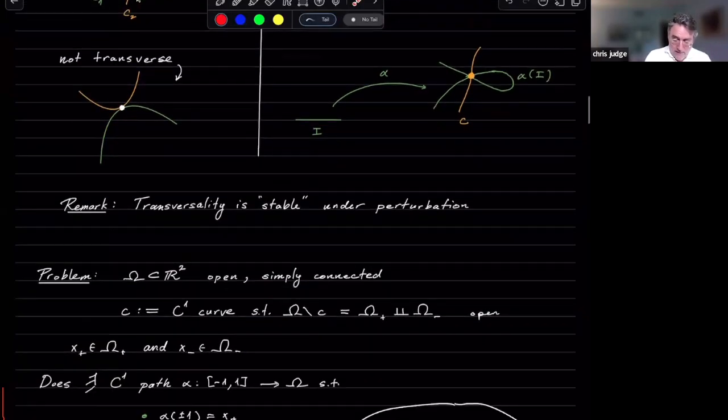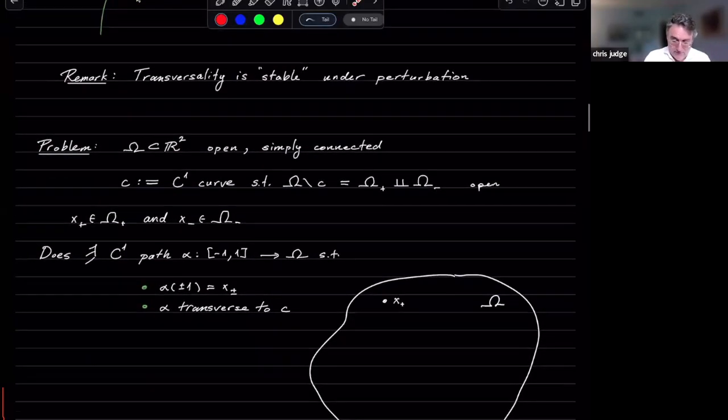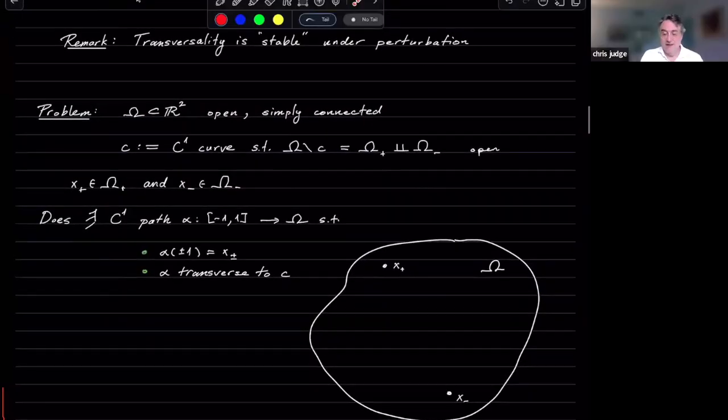Okay, so here's a problem, and I want everyone to participate, so put on your thinking cap. Suppose we have an open set in R2, so omega. It's simply connected, convex if you like. And I have some curve, maybe the nodal set of some second Neumann eigenfunction, one of my favorite eigenfunctions. And this curve divides the omega.